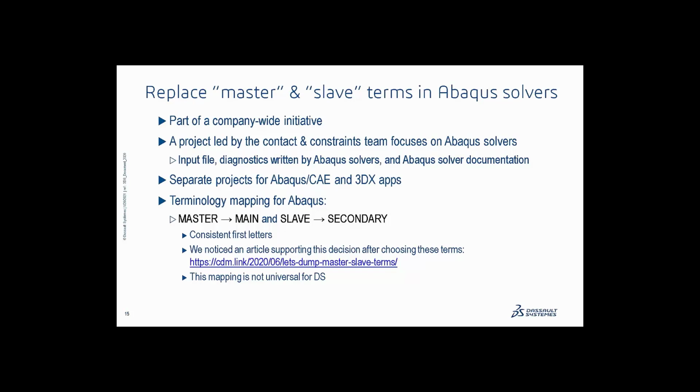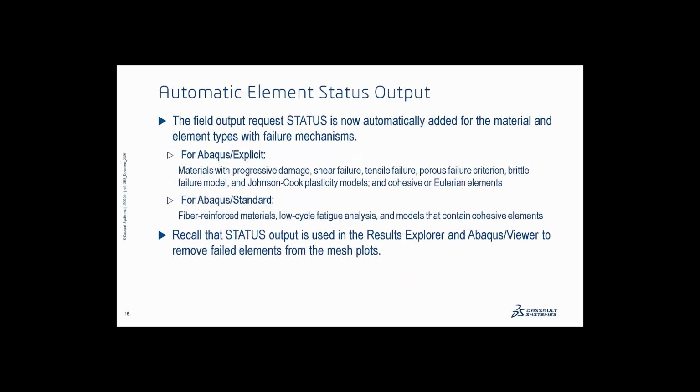So what we've done is mapped the master term into main and the slave term into secondary. These are the new terminologies that we'll be using going forward to represent nodes on both sides of a constraint or a contact interface. The previous terminology will remain there for backwards compatibility purposes for some time, but everybody is encouraged to start adopting the new terminology as soon as possible.